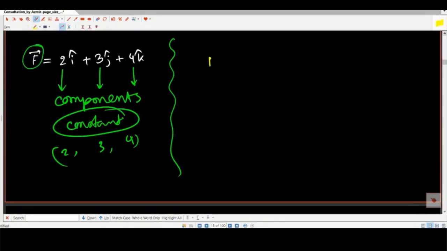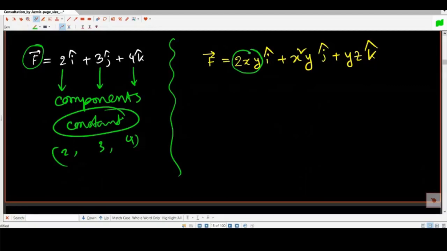So let's say we have a vector f that is equal to 2xy i plus x squared y j plus yz k. So this time we have the components 2xy, x squared y, yz.